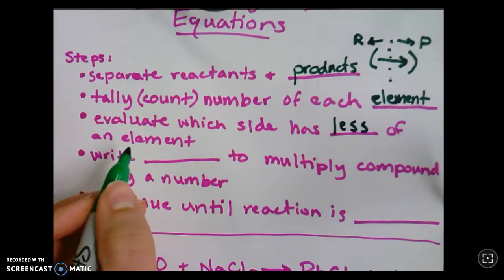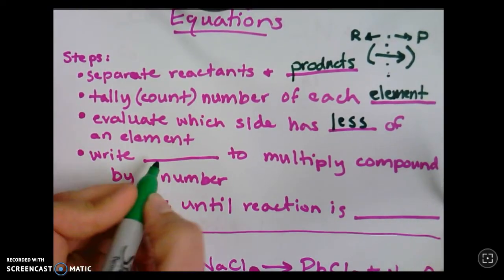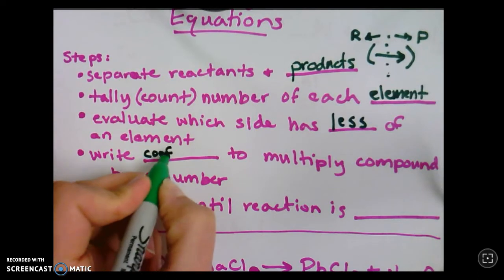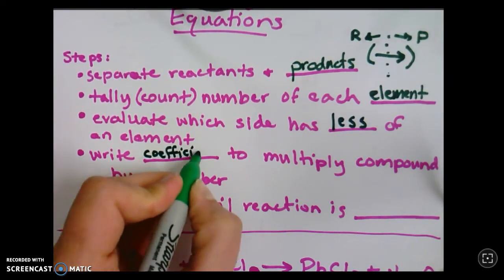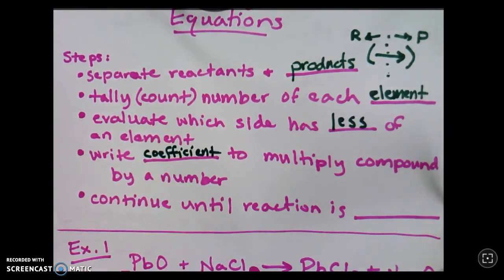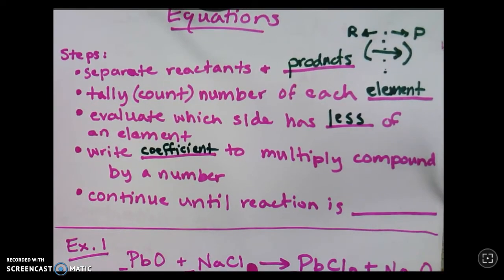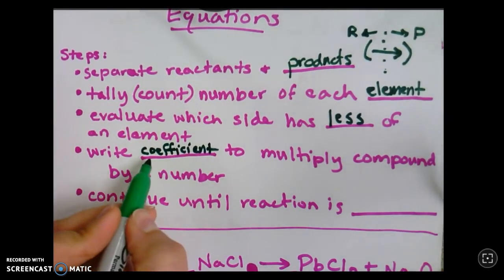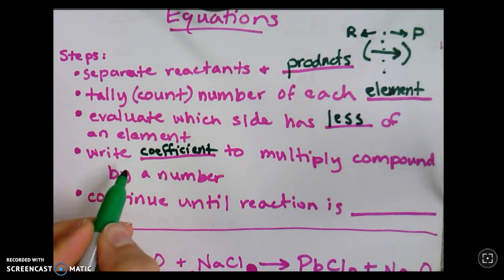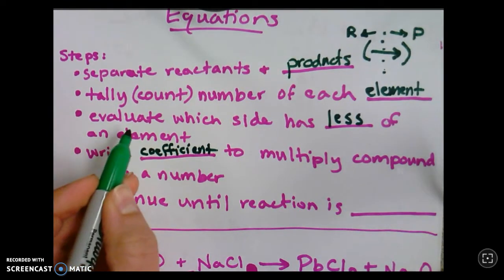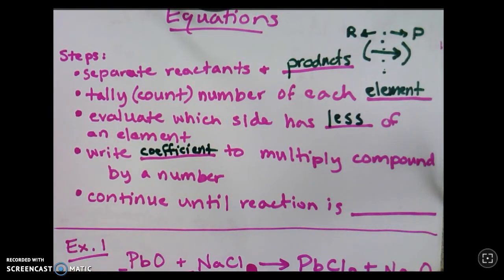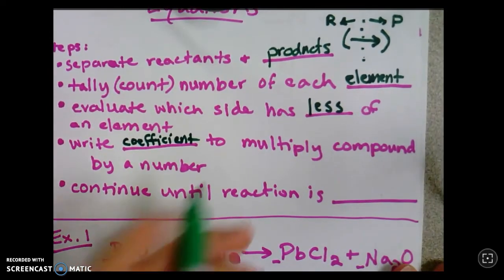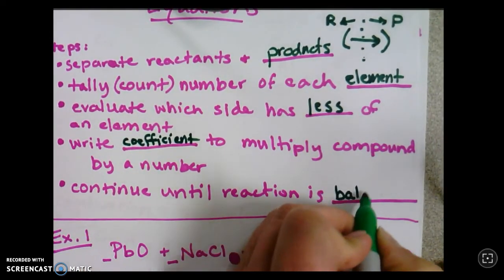Okay, and then you'll just write a coefficient that will allow you to multiply the compound by a number. That coefficient needs to allow you to multiply by a number that will give you the amount of the element that you need in order to get it balanced. So we'll talk about that in a second. And then you continue until your entire reaction is balanced.